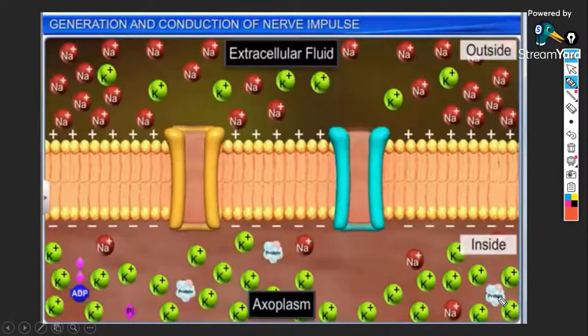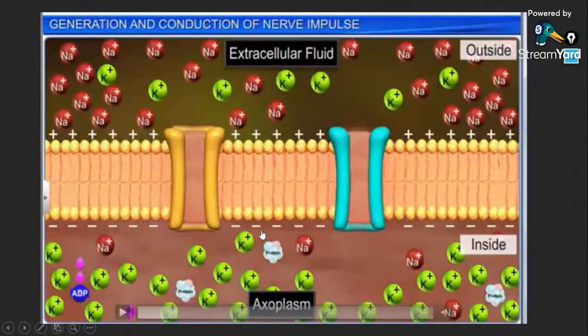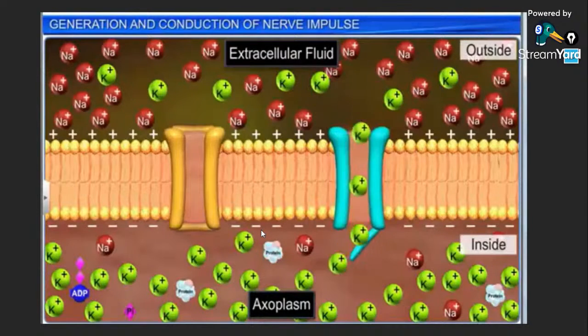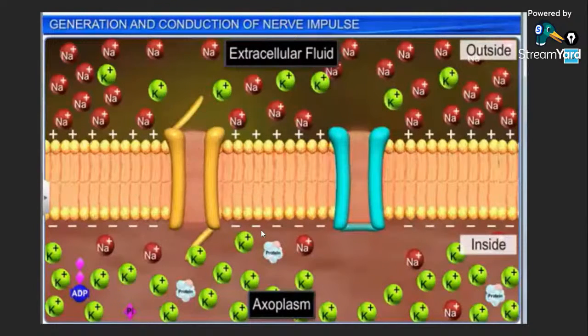Negatively charged proteins are also present inside. That will contribute to the negative charge. The membrane is permeable to ions at different rates. It is more permeable to potassium ions, almost impermeable to sodium ions, and totally impermeable to the negatively charged proteins of the axoplasm.